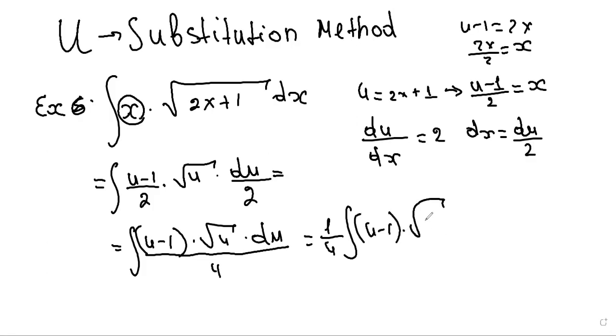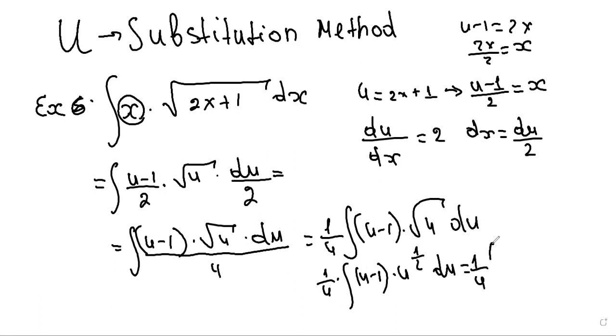The square root of u is u to the power of 1 over 2, so we have 1 over 4 times (u minus 1) times u to the power of 1 over 2 du, which makes u to the power of 3 over 2 minus u to the power of 1 over 2 du.